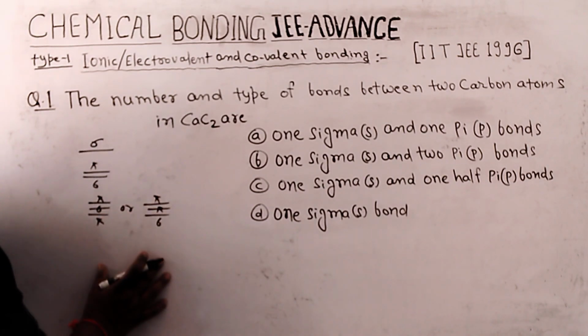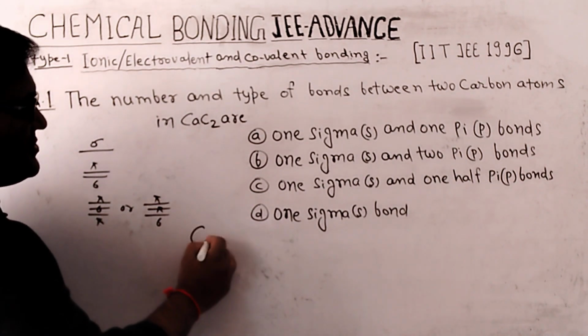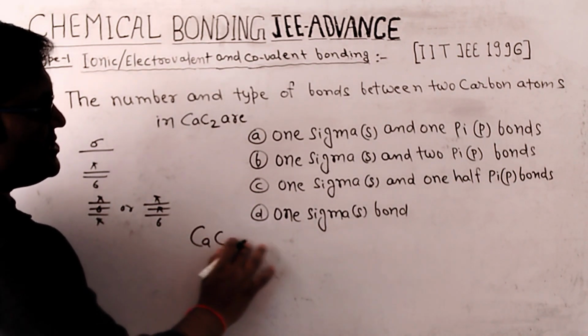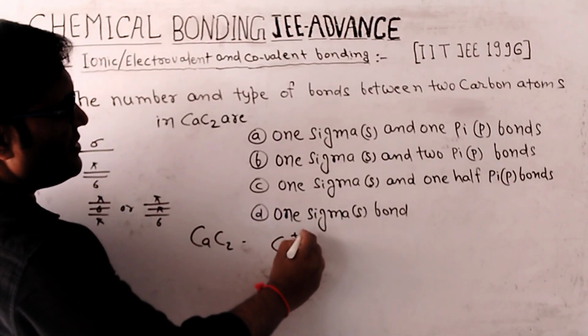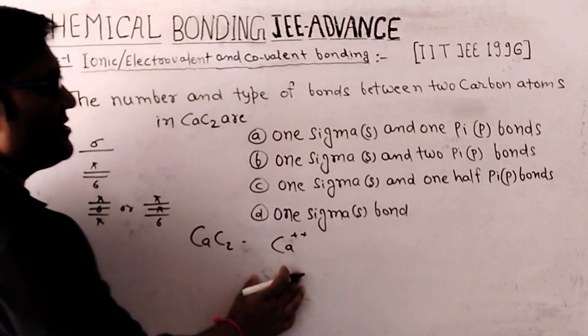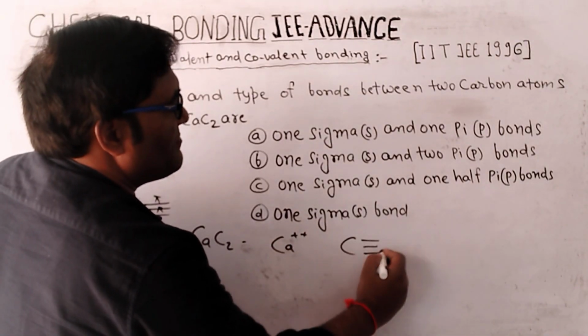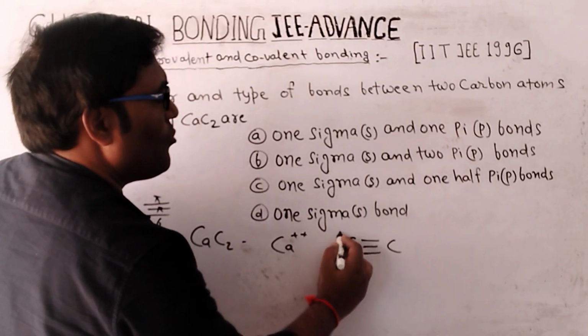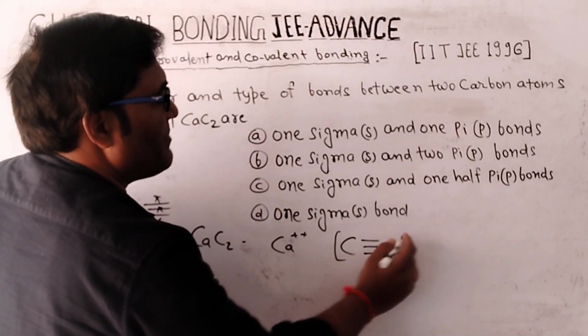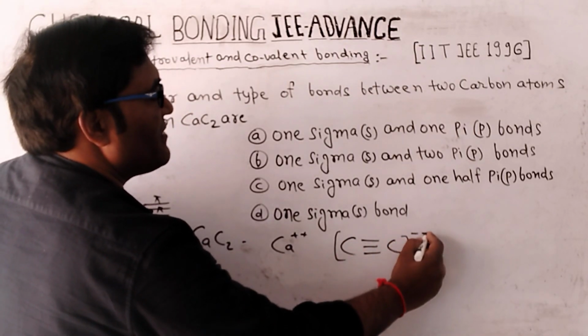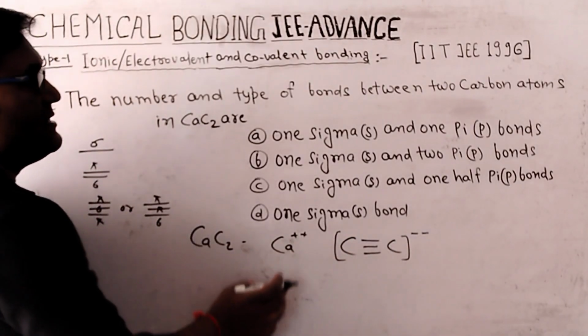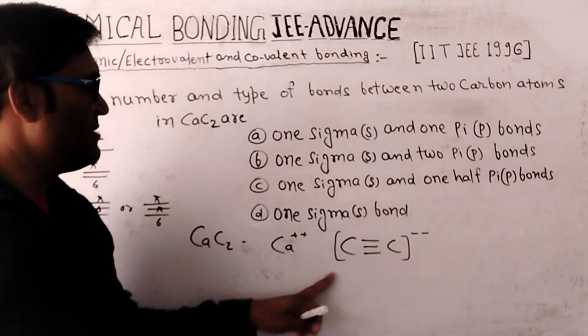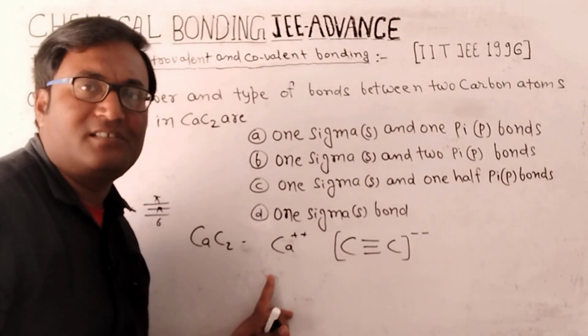According to this concept, the actual structure of CaC2 has a double positive charge on Ca, and the two carbon atoms are bonded to each other by a triple covalent bond under a square bracket, with two negative charges on C2. So this is the structural representation of CaC2, or calcium carbide.